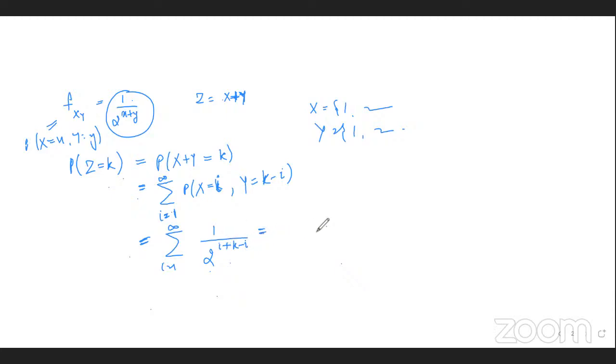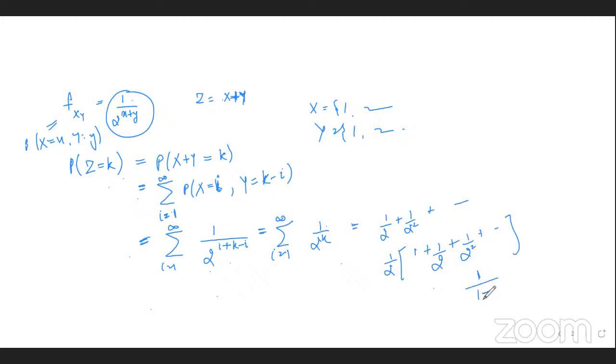So 1 upon 2 to the power k, if you sum it over, will we get the same answer? So this is 1 by 2 plus 1 upon 2 square, and so on. 1 by 2 times 1 plus 1 by 2 plus 1 by 2 square, and so on. And this is a upon 1 minus r. This is 1 by 2.